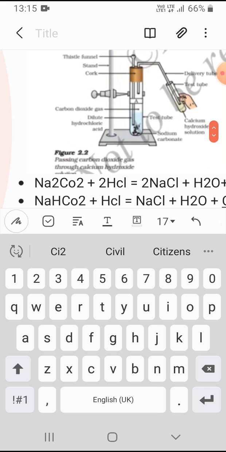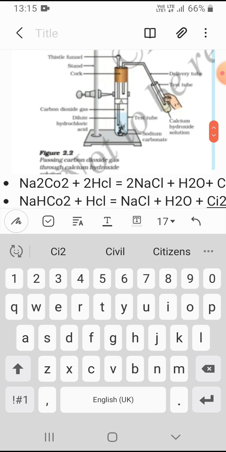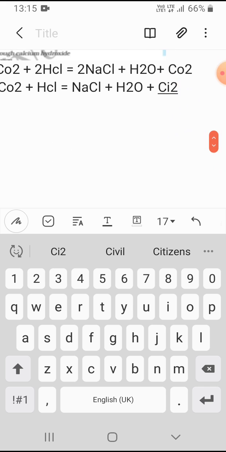In the second reaction here we are adding calcium hydroxide. In test tube 2 we are seeing nothing, and in the first test tube there are sodium carbonate and diluted hydrochloric acid.